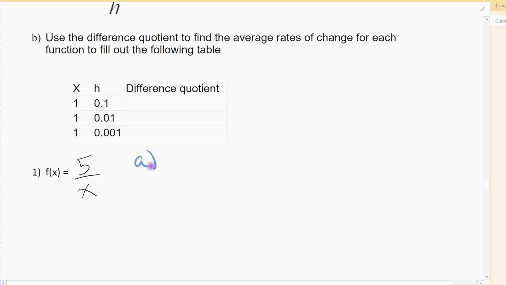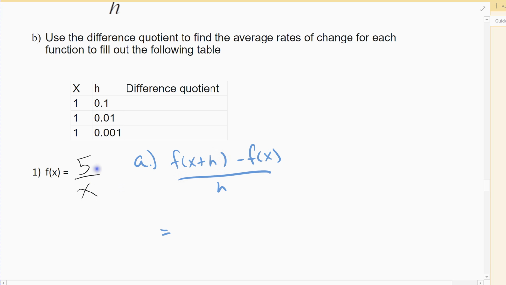So part A is to find f of x plus h minus f of x, all over h. Step 1 is plug it in correctly. The first thing we're going to do is write x plus h in my function. Wherever there's an x value, I replace it with an x plus h.